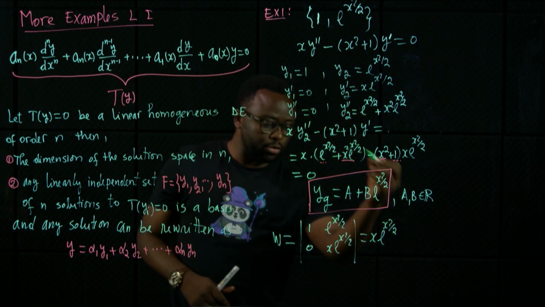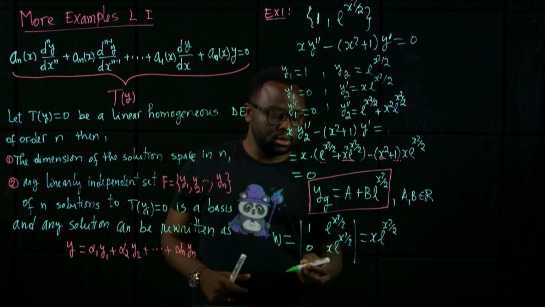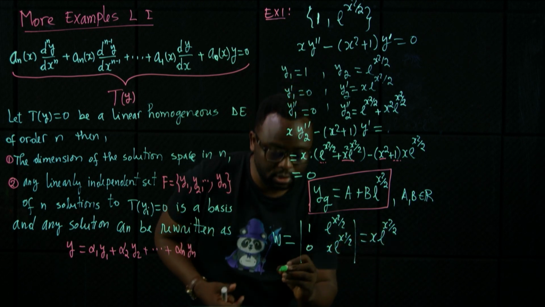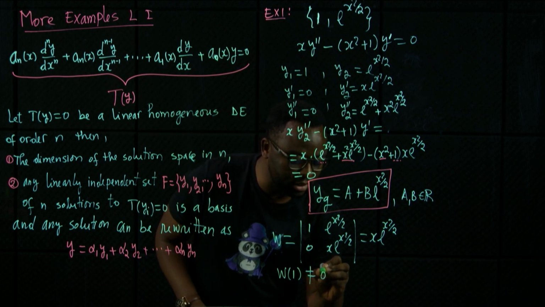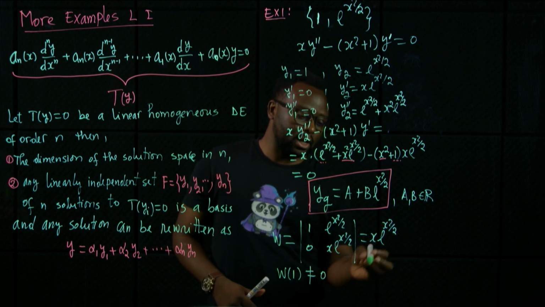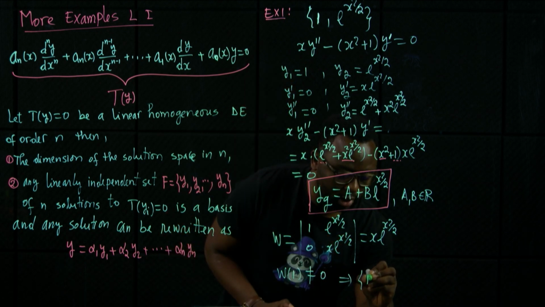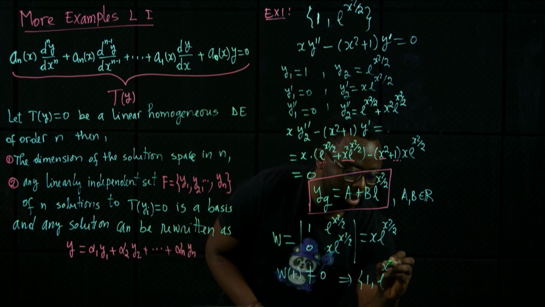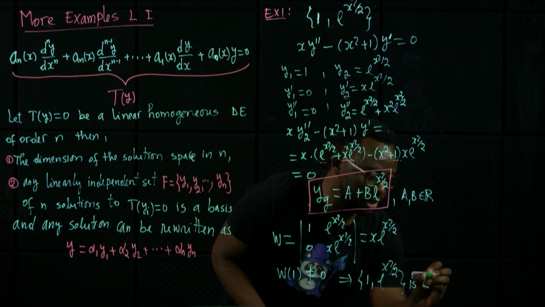This is the Wronskian. If we give a value to x, let's say x equal to 1, the Wronskian at 1 is different from 0, because if you substitute here, you have exactly e, and that's different from 0. Conclusion: 1 and e to the power x squared over 2 are linearly independent.